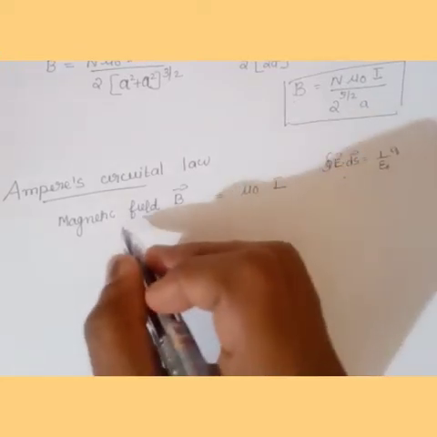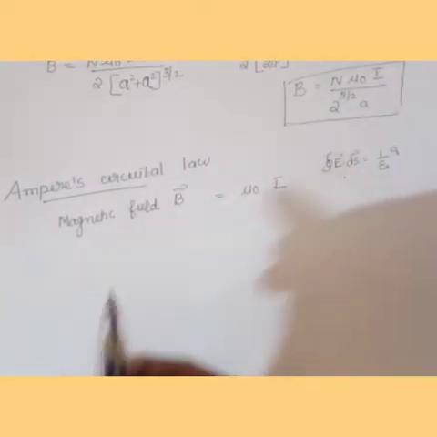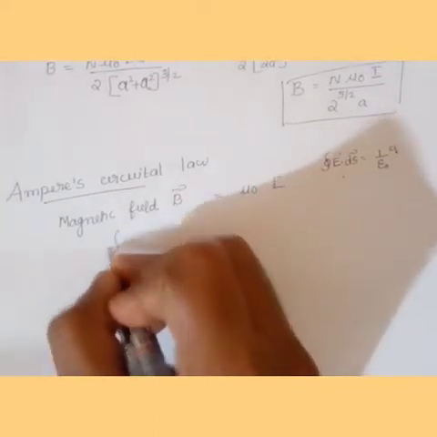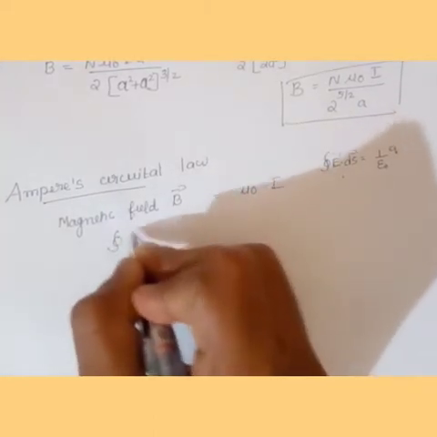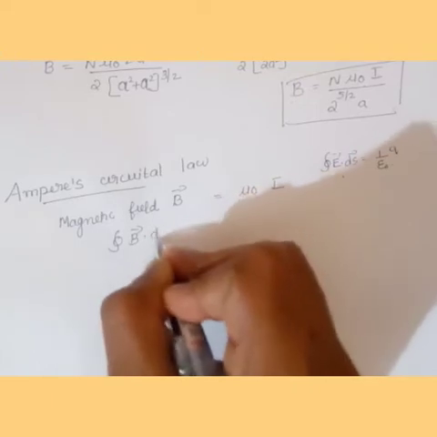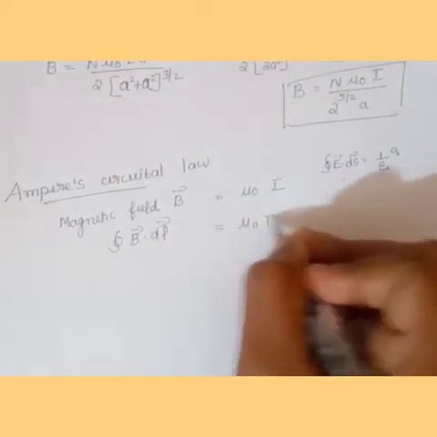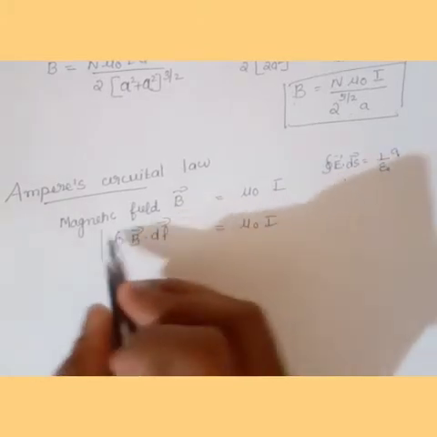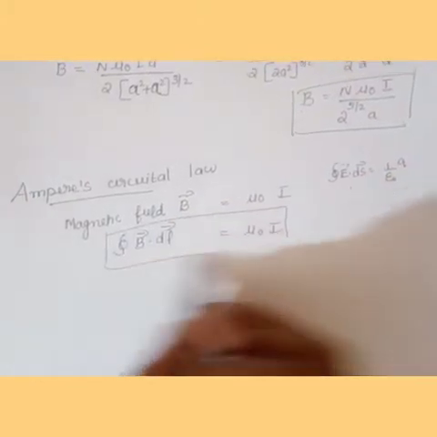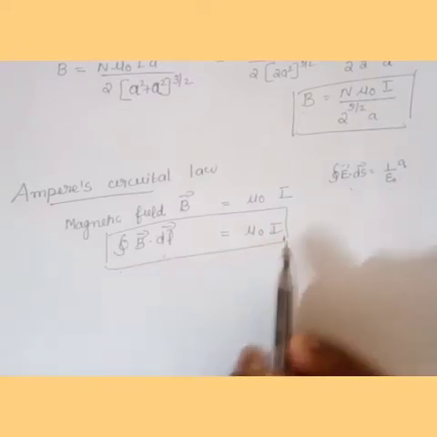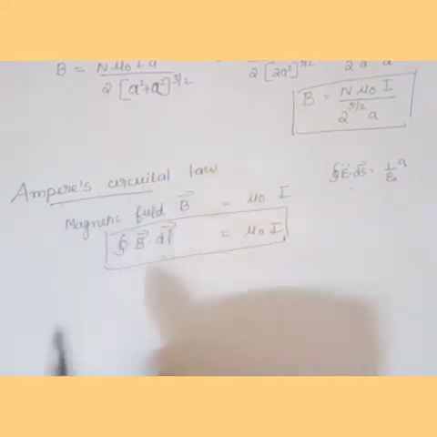That is, the line integral of the magnetic field B means integral of B dot dl. Integral of B dot dl is equal to mu 0 I. This is the mathematical expression of Ampere's circular law.